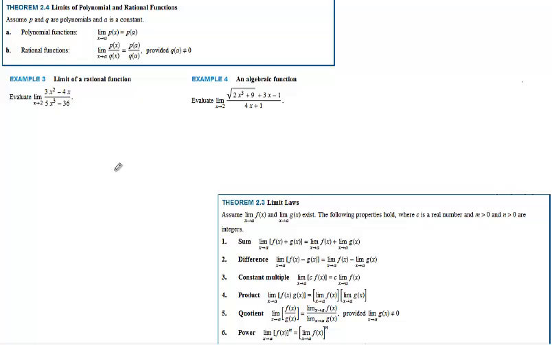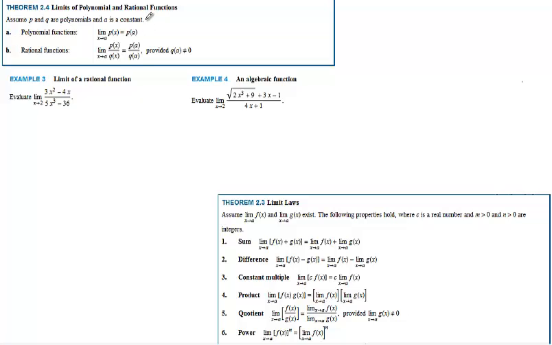I can expand those laws to include polynomial and rational functions, because if I think about it, a polynomial function is just a combination of sum and maybe some power and a constant multiplier. So I could just combine those laws. That's how the proof would look.